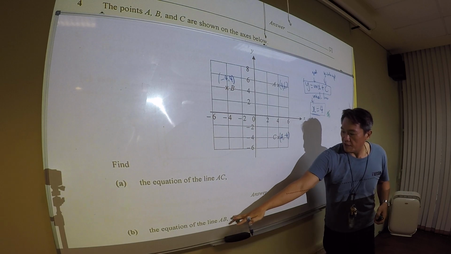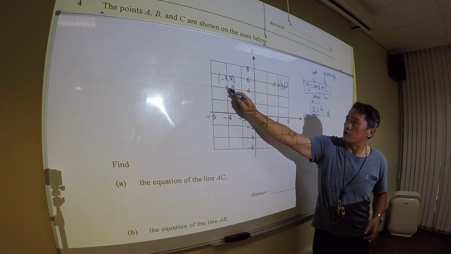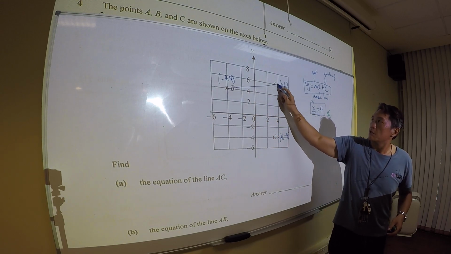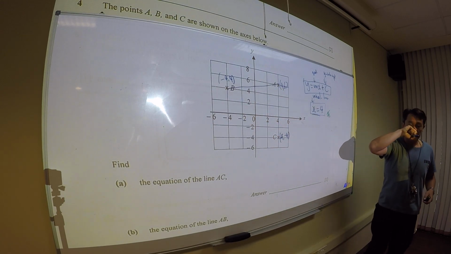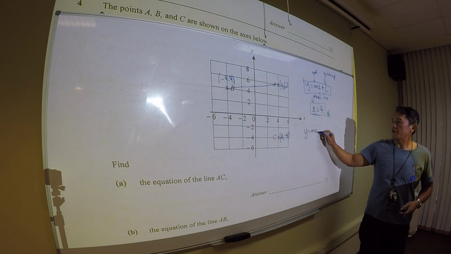So they want you to find the equation of the line AB. AB is here to here. Okay. So this line AB will follow y equals mx plus c.